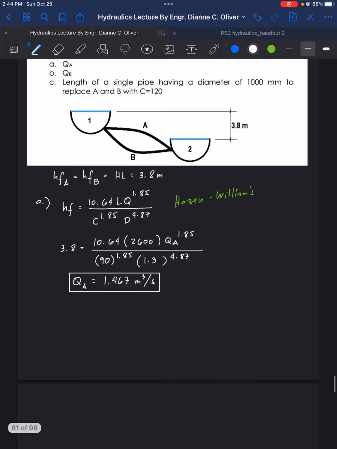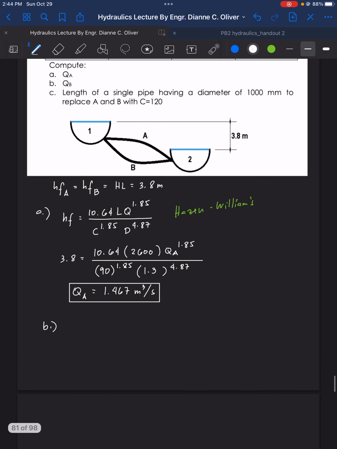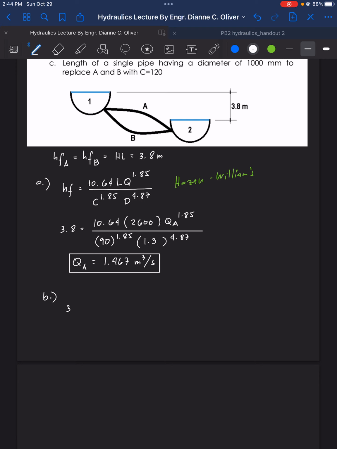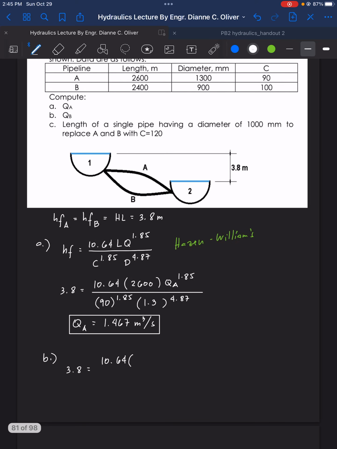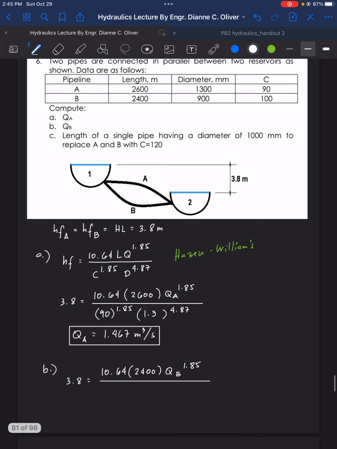Now for B, we're looking for Q sub B. So again, 3.8 is equal to 10.64 times, for B, we have 2,400, then Q sub B raised to 1.85 all over 100 raised to 1.85, and then diameter of 0.90 raised to 4.87.